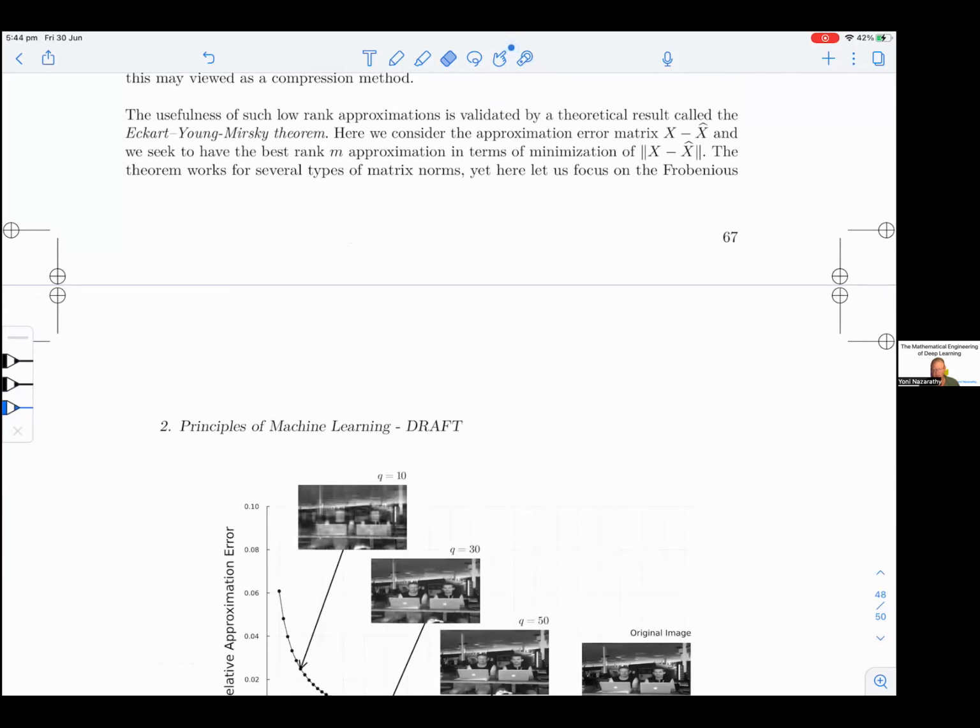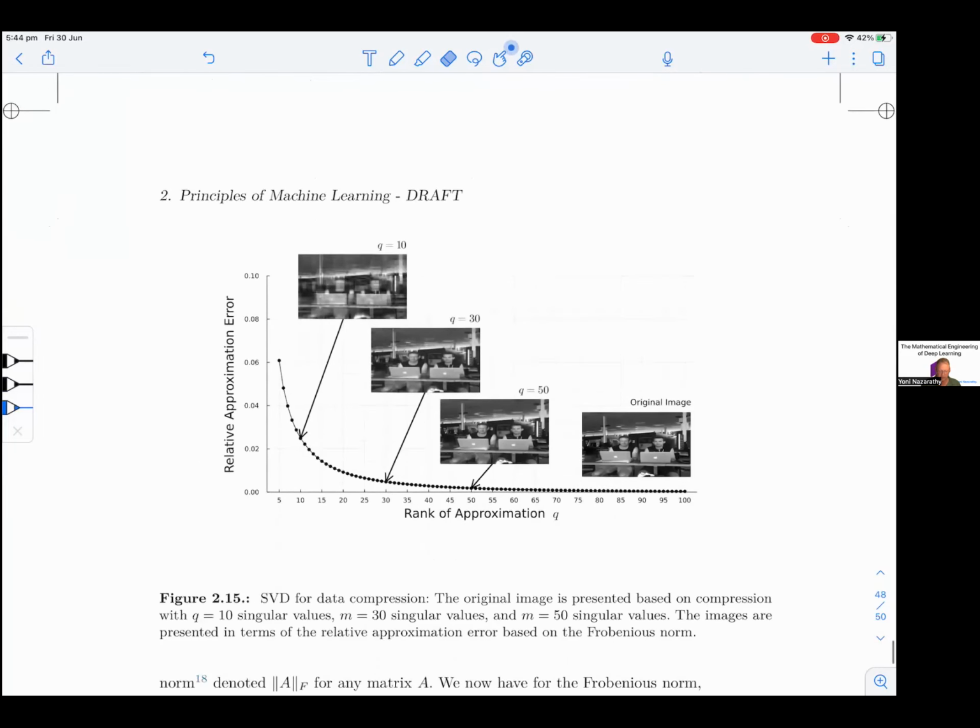Here we consider the approximation error matrix X minus X hat, and we seek to have the best rank m approximation in terms of minimization of X minus X hat. The theorem works for several types of matrix norms, yet here let us focus on the Frobenius norm.